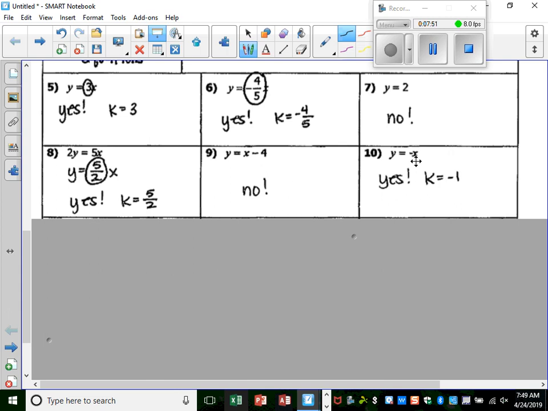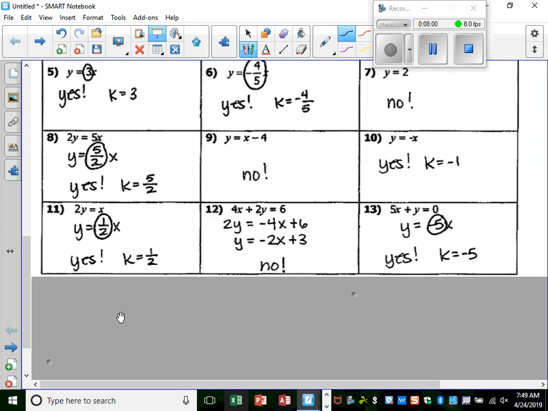Okay, this, yes, it is in y equals kx because k is -1. Remember how we don't write that 1, but it's there. And then when we solve this for y, we have to divide by 2. So it's like an invisible 1 at the top. So y equals 1/2 x and k is 1/2.